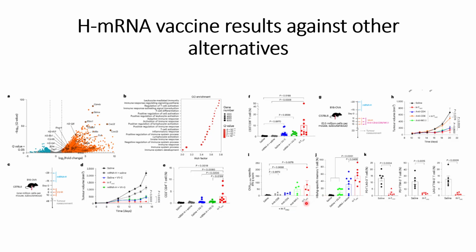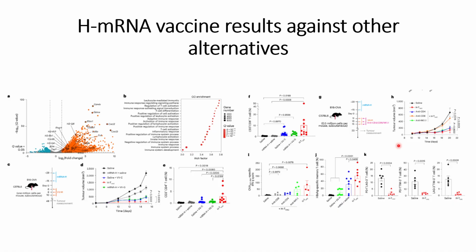They found similar results when they checked the hepatitis B antigen specific memory T cells. They are significantly higher in the case where they used H-mRNA based vaccines compared to the other controls.